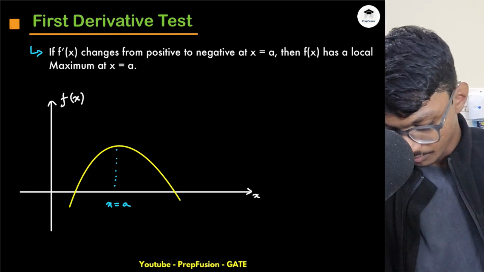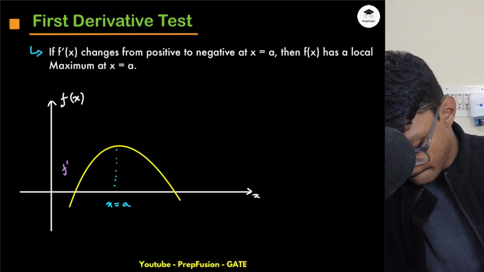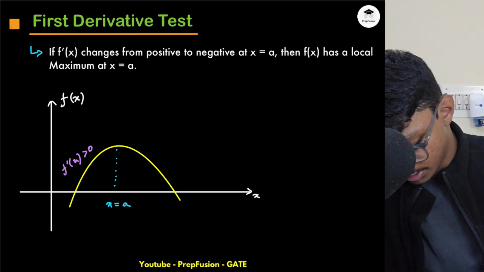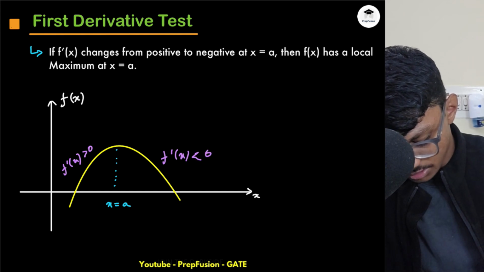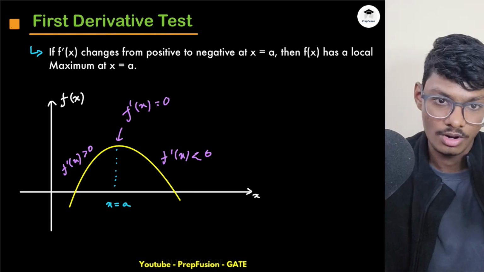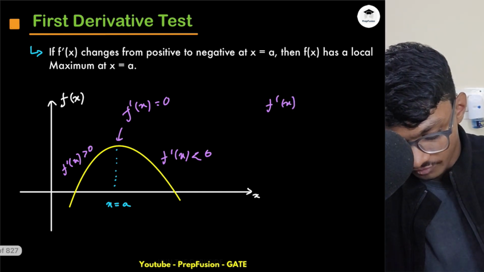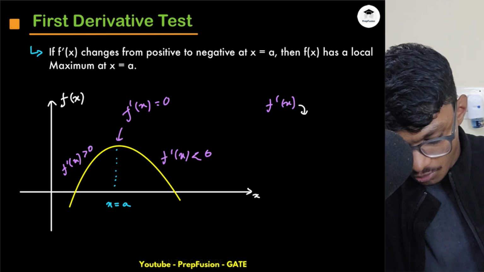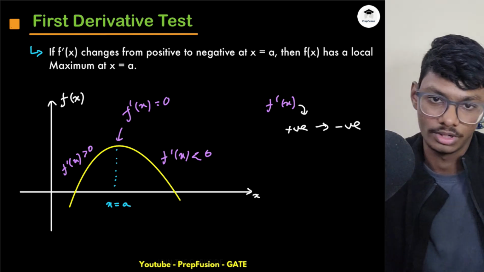Let me write this: f dash of x greater than 0, then in this range f dash of x less than 0, and here f dash of x equals 0. So my slope is moving from positive to negative. What does this mean?